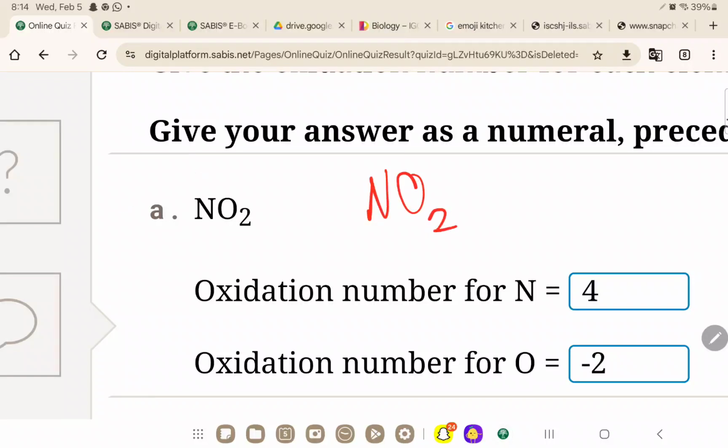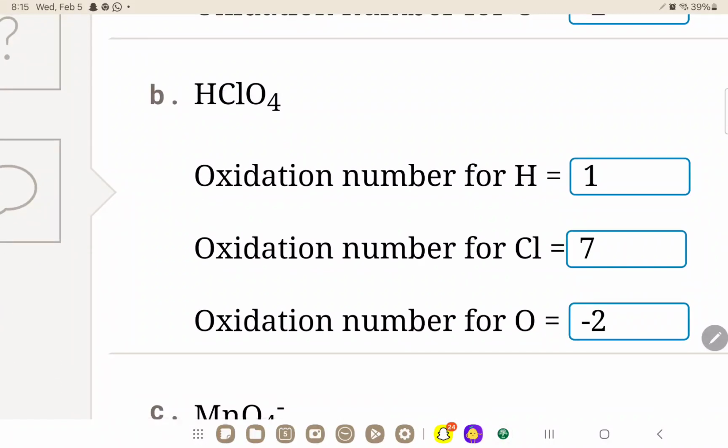NO2. Now, O is always -2, unless it's with F, then it becomes +2. Yeah, it is. So -2 times 2 is -4, x minus 4 equals 0, so x equals 4. So N is 4, and this is -2. Now, H we know is 1.